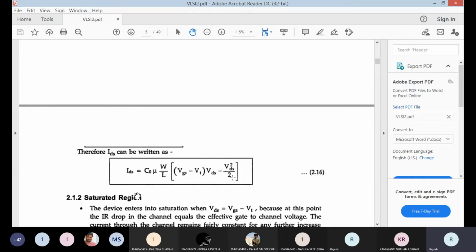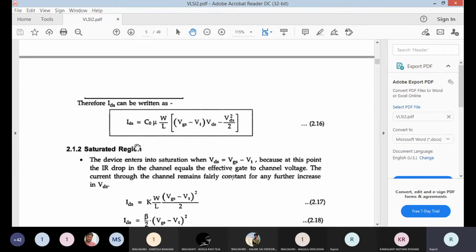So all these three formulas you get in one big derivation question of ID versus VDS, or you may get a question in terms of calculating the drain current by providing these constants. He may give one of the constants, you have to calculate another constant, then substitute in this and find out drain current.